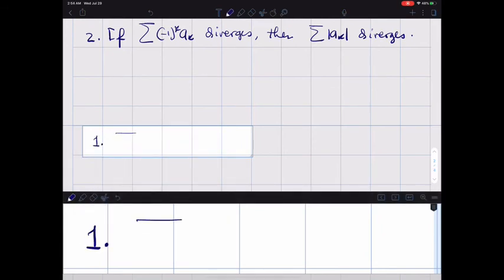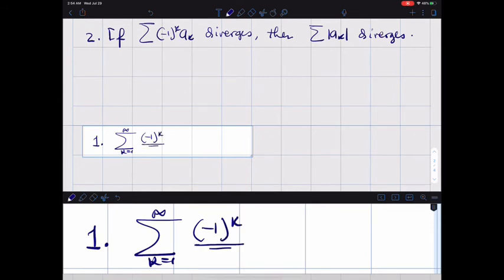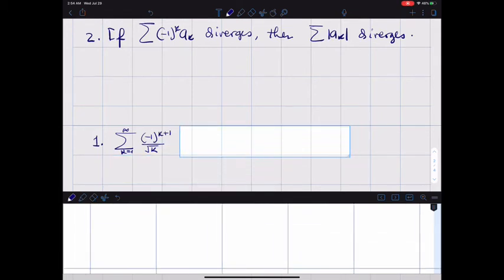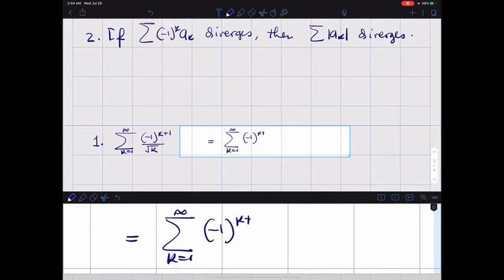Let's look at this series, k from 1 to infinity of (-1) to the power of k plus 1, and then 1 over square root of k.